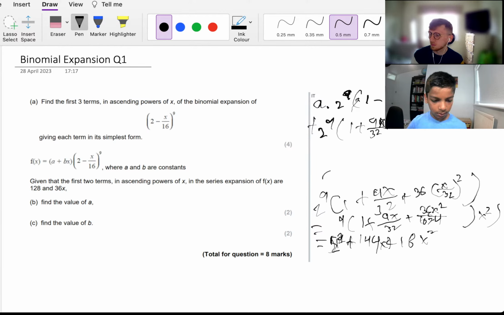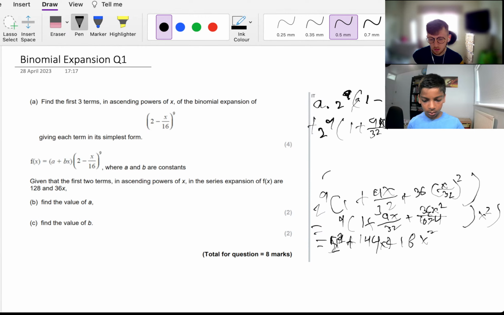Find first powers of x, giving each time its simplest form. So your final answer is what, 512 plus 144x plus 18x squared? Yeah. Okay, it's your middle term that's not quite right.